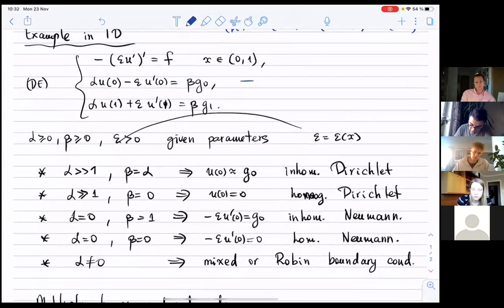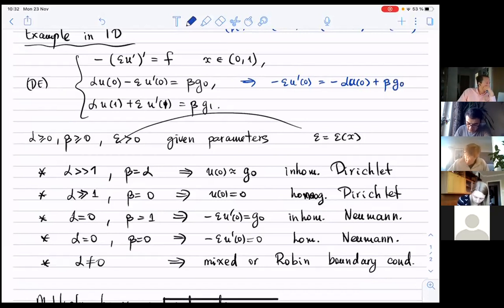So that means that here we can write minus epsilon u prime 0 equals minus alpha u 0 plus beta g0. Of course, here g0 and g1 are given. So these are given parameters. I should also include it here. g0, g1, they are given.